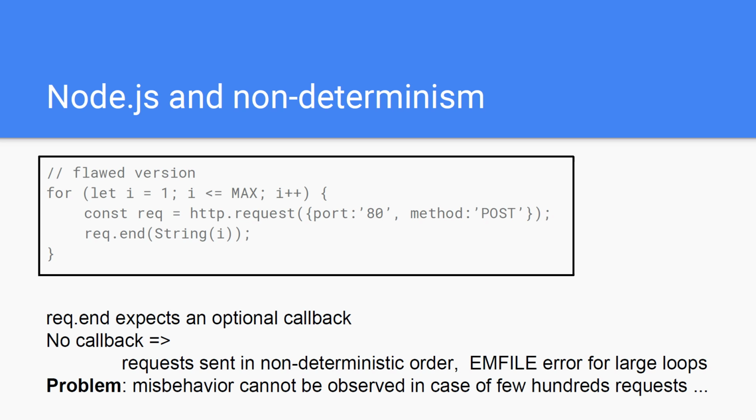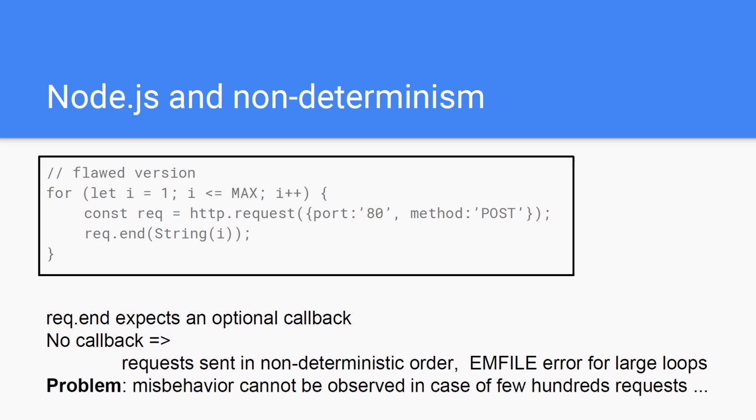So here we have a very simple code fragment that just implements a very simple HTTP client, sending some post request to a server in a loop. And so what it is sending is just a sequence of integers, nothing very interesting.